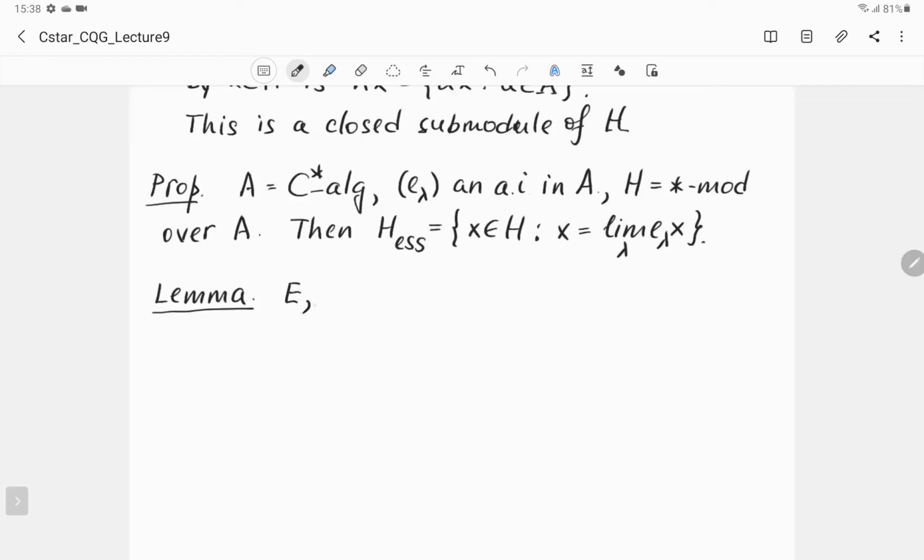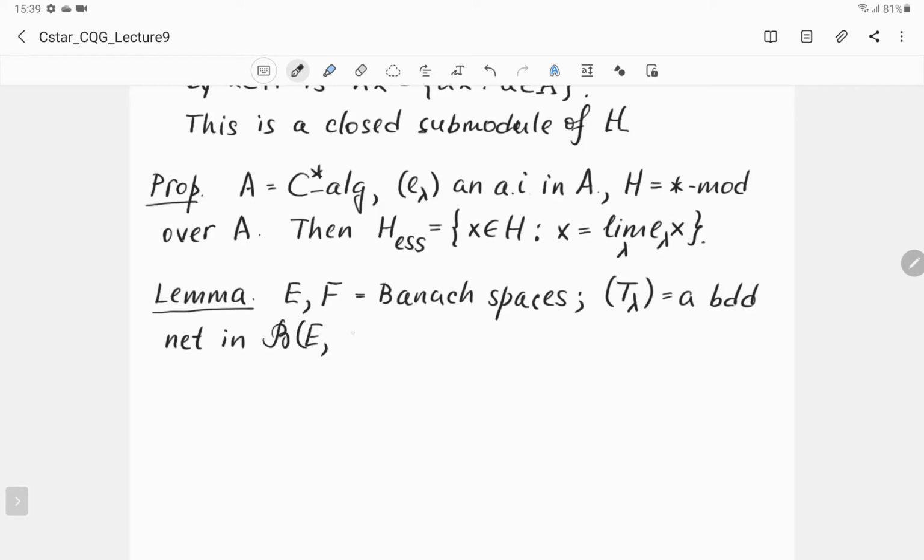Suppose that we have two Banach spaces, E and F. And suppose that T lambda is a bounded net of bounded linear operators from E to F. And suppose that M is a total subset of E. Total means that the linear span of M is dense in E.